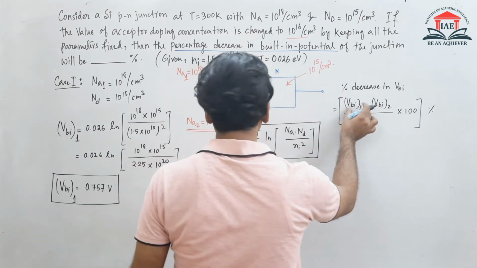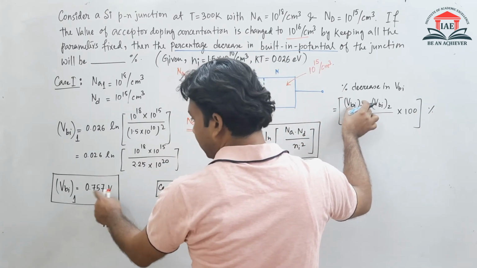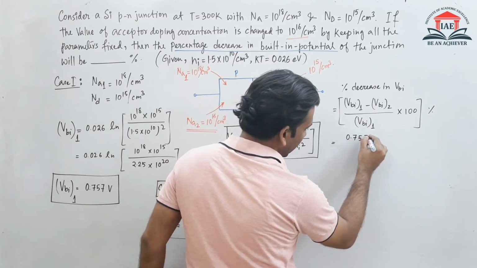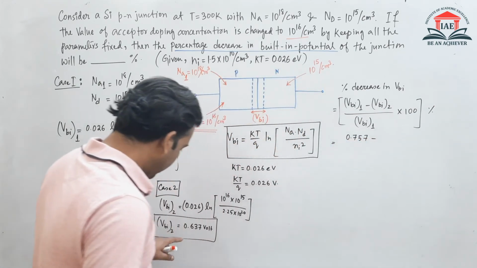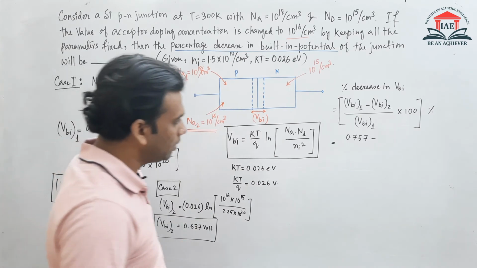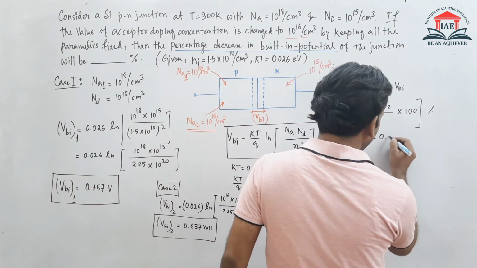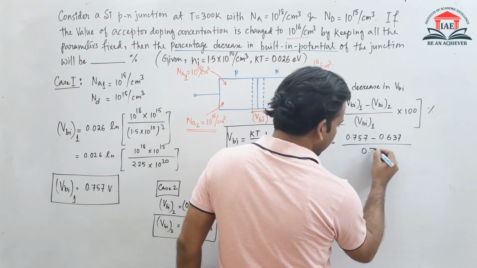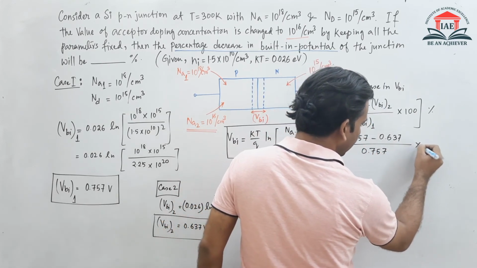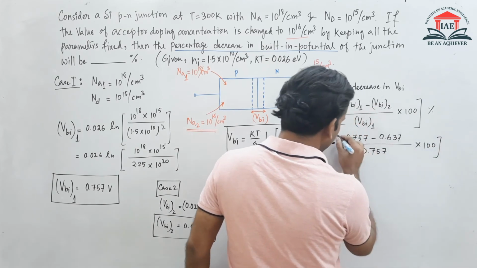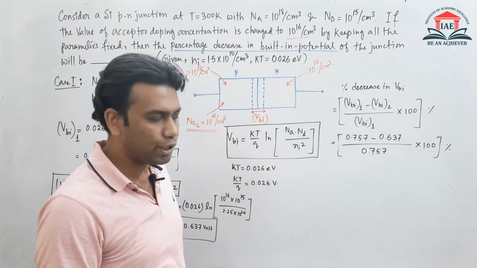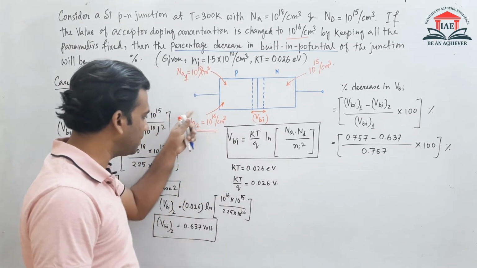So what was the value of VBI 1? 0.757. So 0.757 minus, how much was this value? 0.637. So it will be 0.637 divided by 0.757 into 100. So this will be the percentage decrease of the built-in potential due to the change in this acceptor doping.